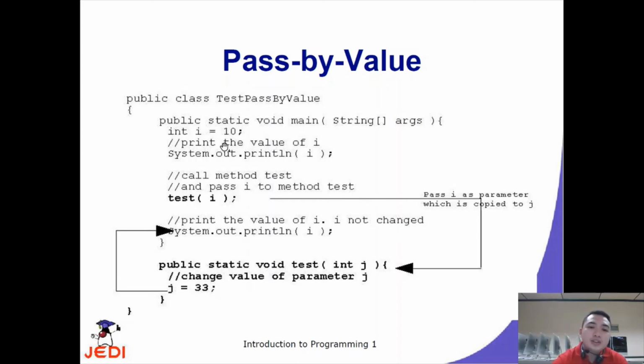In this example, we have an integer variable I equals 10, and then System.out.println I, and then it will call method test and pass I to method test. We have a created method here. This is a static method. When we say static method, it belongs to the class, and it can only be called by its class name or within the class.